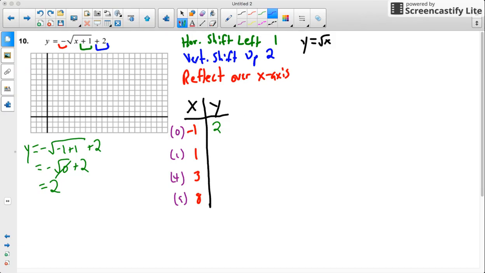Next, I have y equals the negative square root of 1 plus 1, and hold on, I think I have a little error here. If I plug in a 1, this is going to be the square root of 2. I don't want that, I want it to be a perfect square. So I'm going to have to change this to a 0.